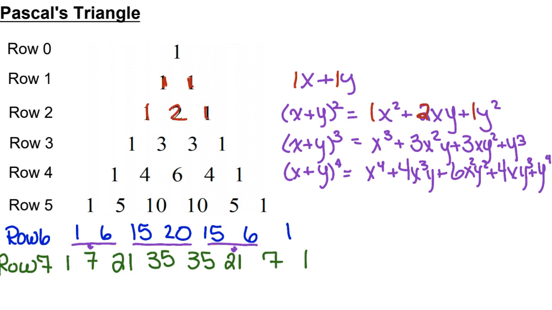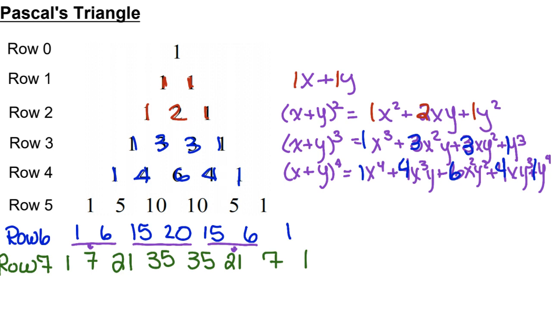Let me use a different color. 1, 3, 3, 1. 1, 3, 3, 1. 1, 4, 6, 4, 1. 1, 4, 6, 4, 1. So that's how we're going to use it today, is we're going to expand something. And I'll show you the trick with it. And then I'll show you a couple different ways to use it.